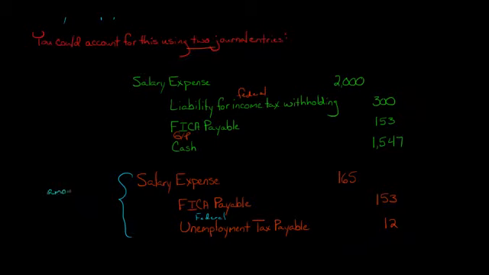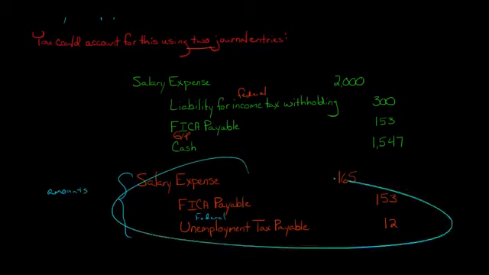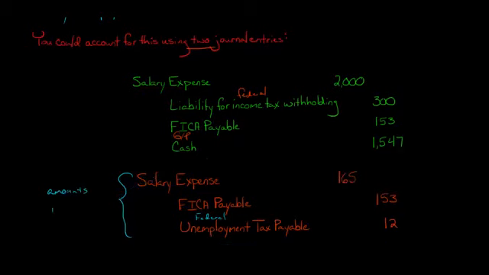This journal entry right here, these are amounts that are paid, or I shouldn't say paid, maybe I should say amounts due or owed by the employer. Okay, so the employer is subject to having to pay half of the FICA and so forth.